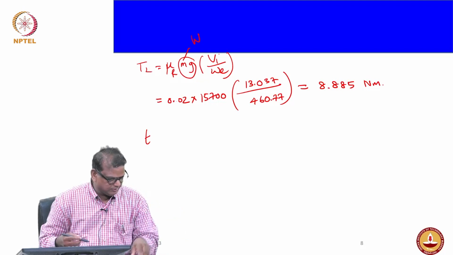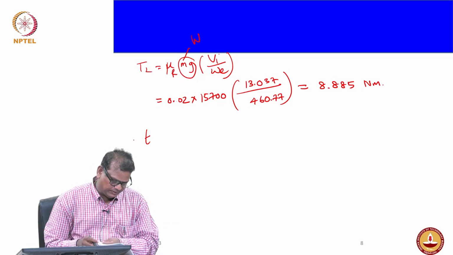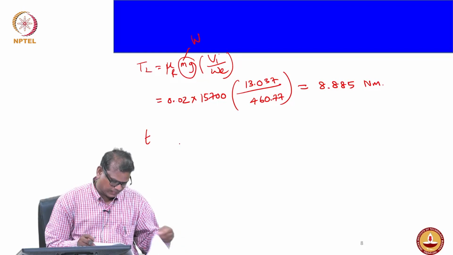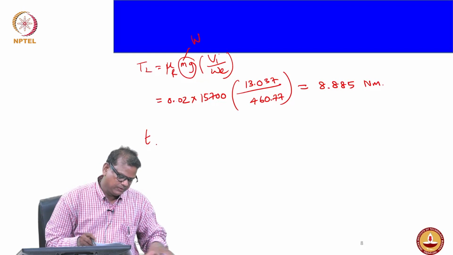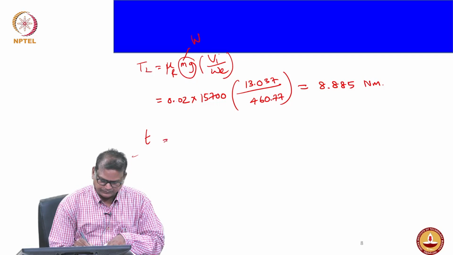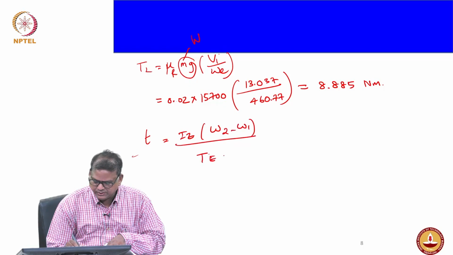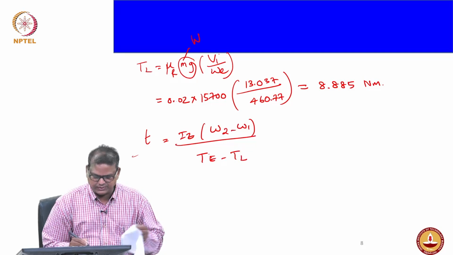The slip time. So again, I will rewrite the equation for a better understanding. I_e alpha equals omega_2 minus omega_1 by t. So this is the equation.